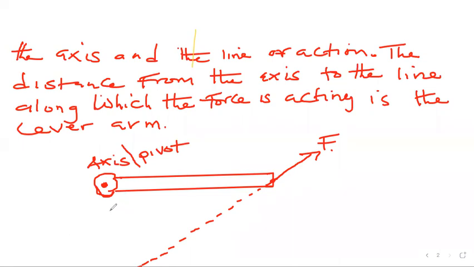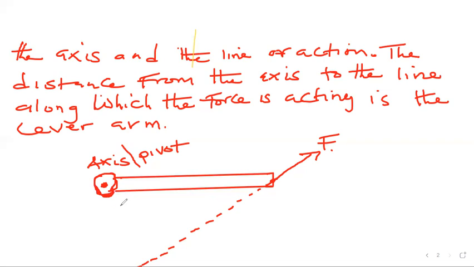And from there, you go to point number 2, which says you draw a line from the rotational axis. In this case, this is where our rotational axis is, to the line of action. This dotted line here is the line of action.